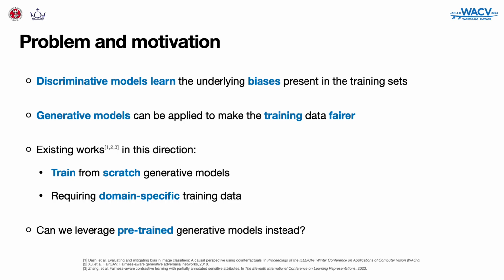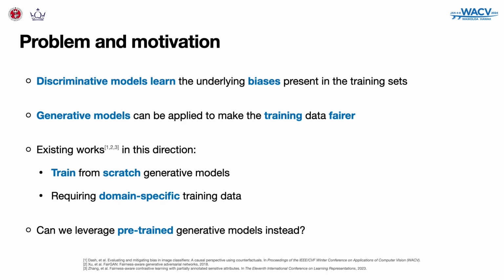This work tackles the important problem of bias mitigation on discriminative models. It is common knowledge that training sets contain biases which are then transferred to classification models via the training procedure. Thus, there is the need to prevent this behavior by introducing bias mitigation techniques.